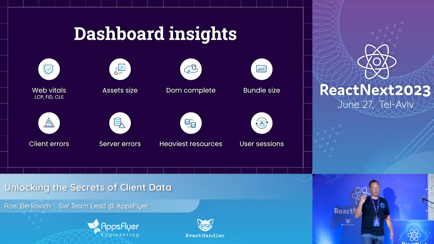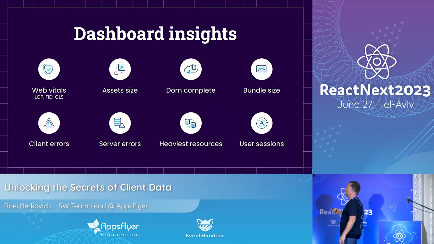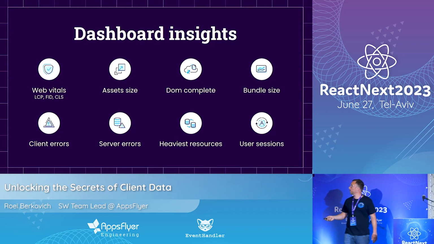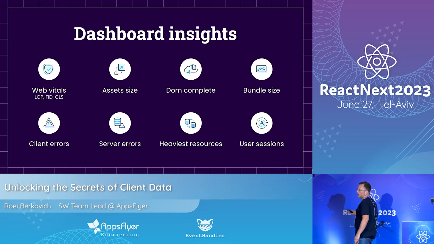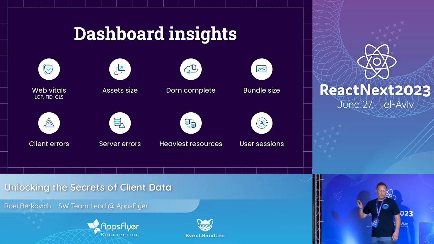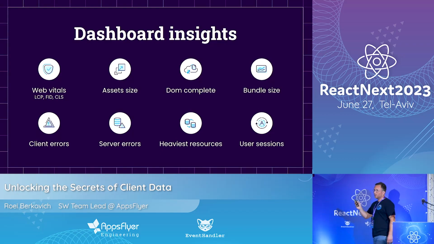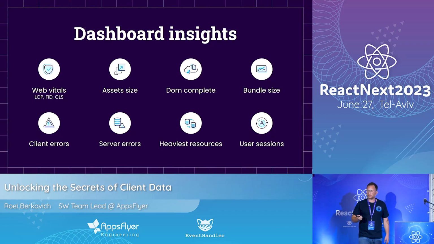As developers, we care about the data. We need to know it. You can see our bundle size, runtime errors, server errors, even heaviest resources. For example, think that some of your developers upload a 10 megabyte image and you didn't notice and you approve the merge request.